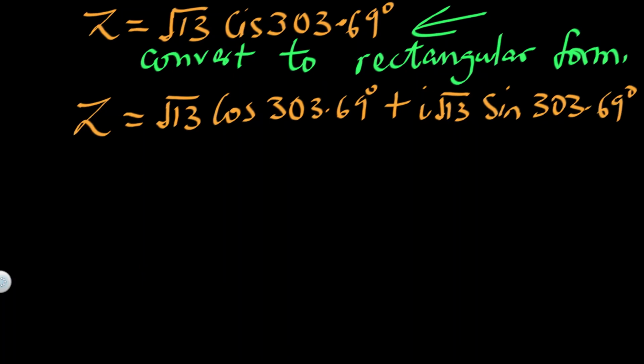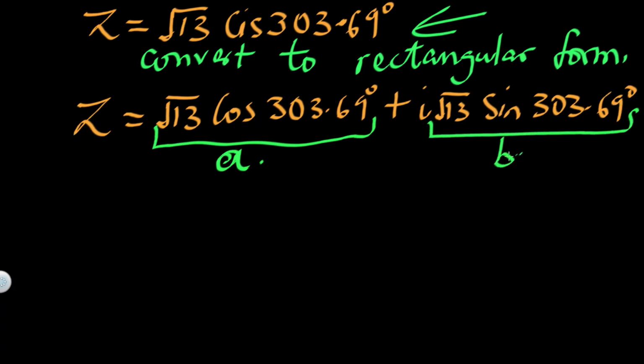All you do from here, you just punch this in your calculator. It gives you a, which is the real part of your complex number in rectangular form, and you punch this in your calculator. It gives you b, which is the imaginary part of your complex number in rectangular form.